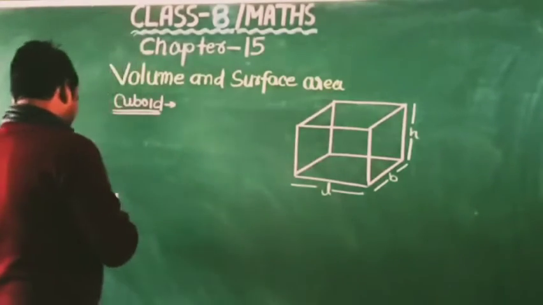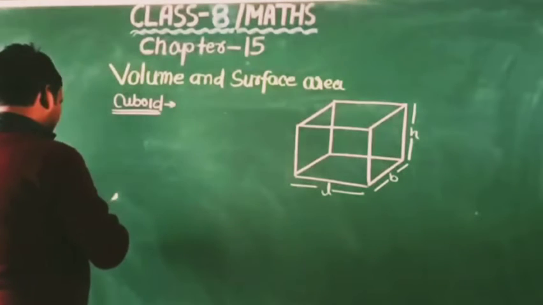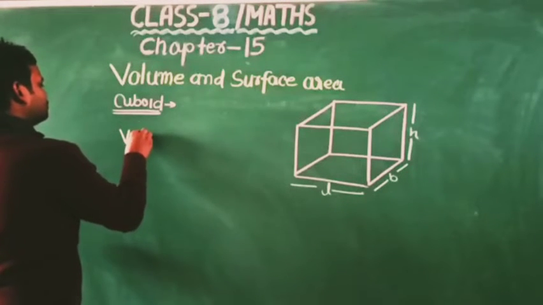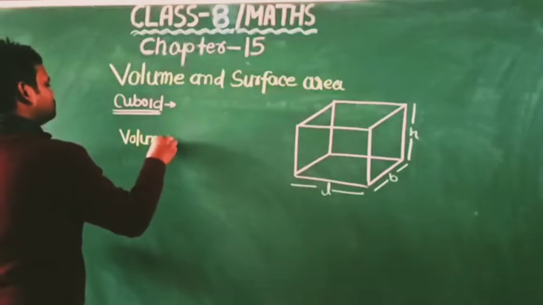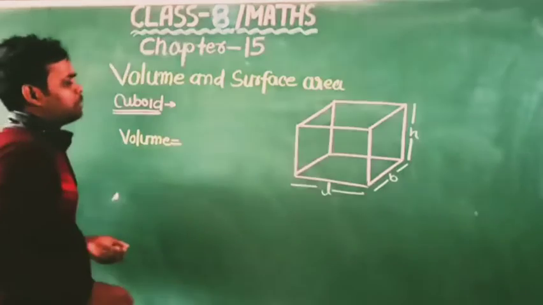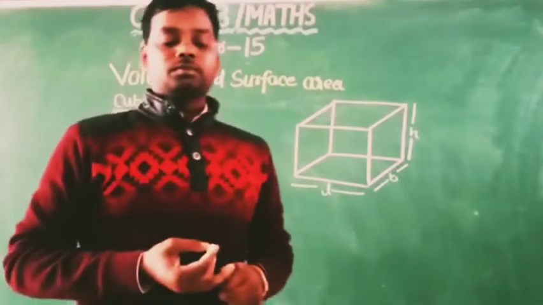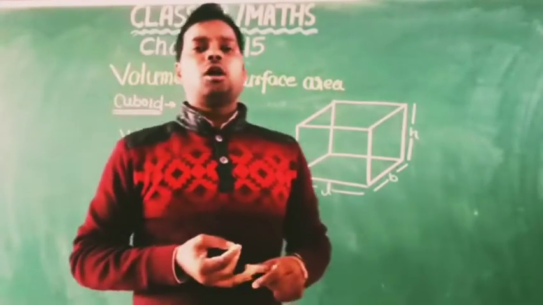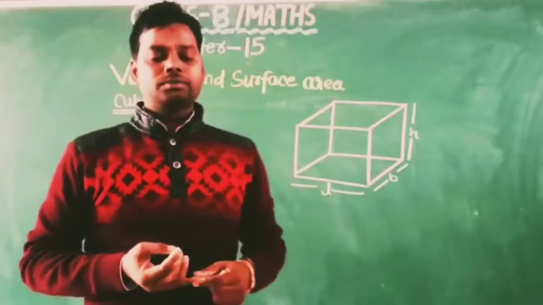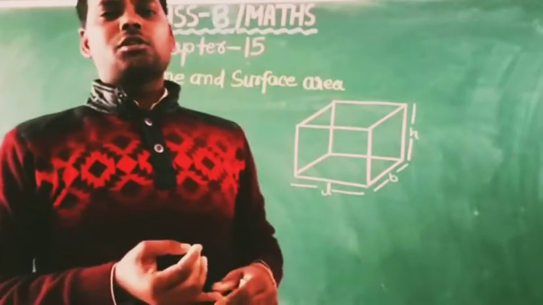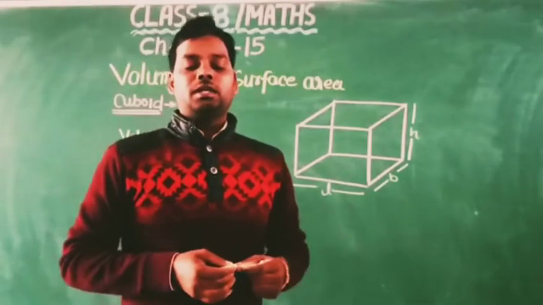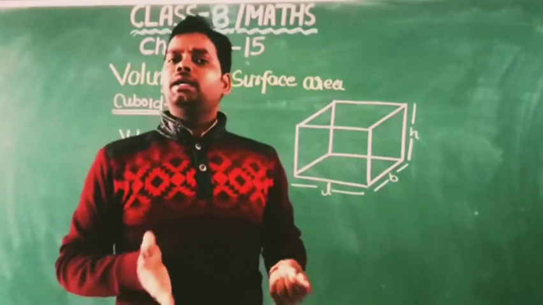Then the formula for volume of cuboid. We know what is the volume. The volume of a solid is the space contained or occupied inside it.